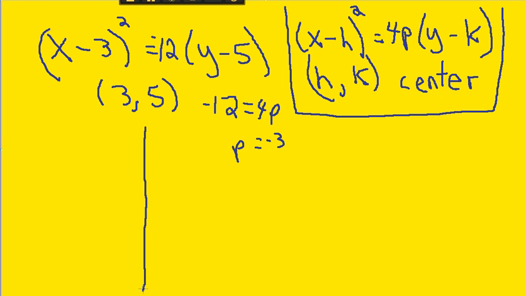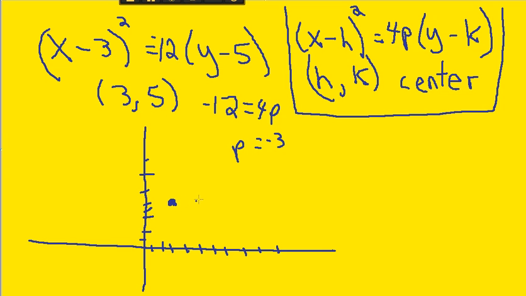Now you're going to sketch your parabola from the known information here. I'm going to draw myself a graph. 1, 2, 3. So my first thing you want to plot is your vertex. You're going to go over 3, up 5. That's step 1. So over 1, 2, 3, up 1, 2, 3, 4, 5, about here.